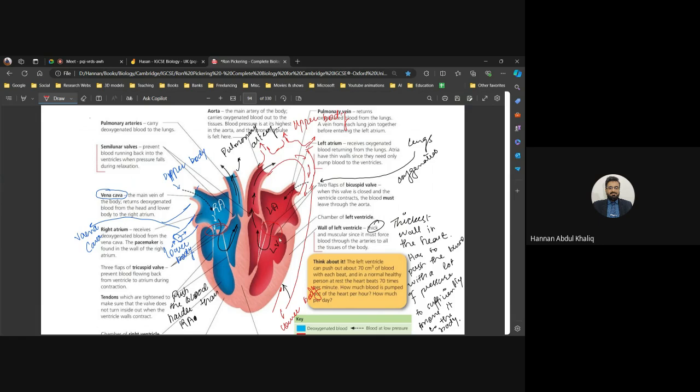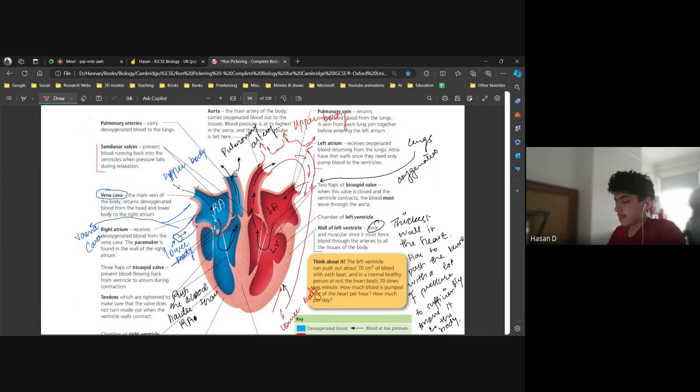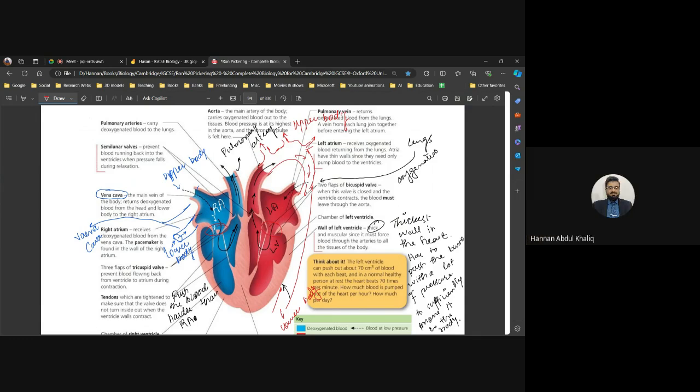The ventricles. Ventricles are pumping strongly.